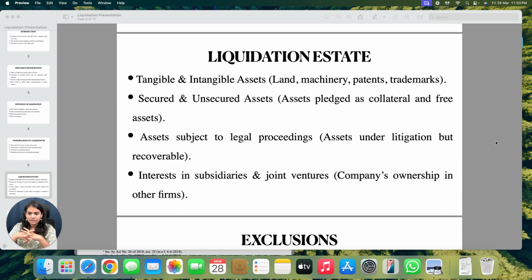A secured creditor may opt either to relinquish his security interest into the liquidation estate or to proceed in realizing his due amount by liquidating the security interest.